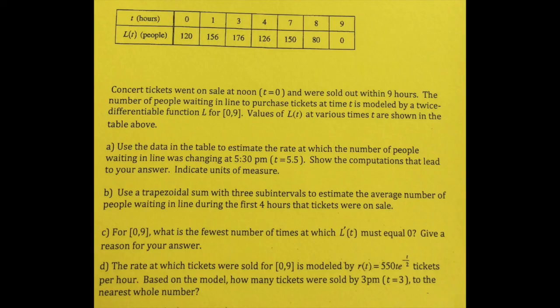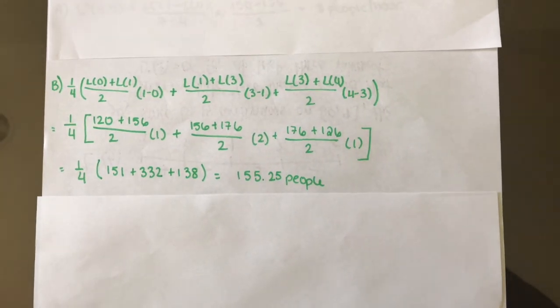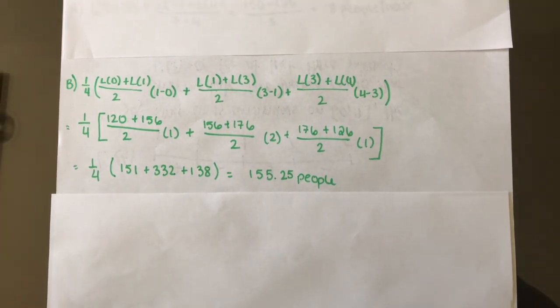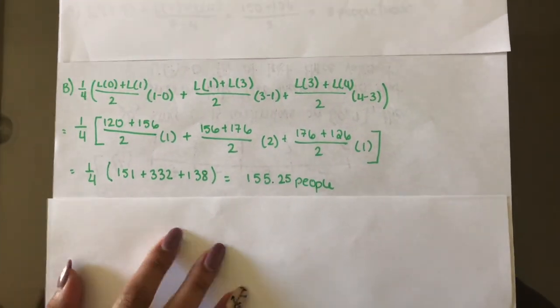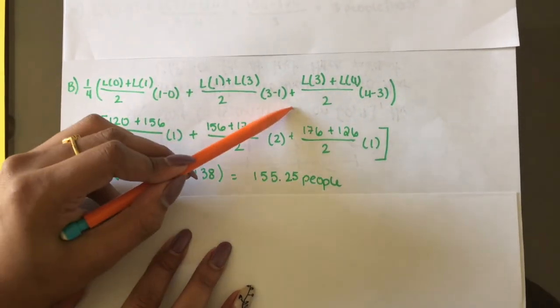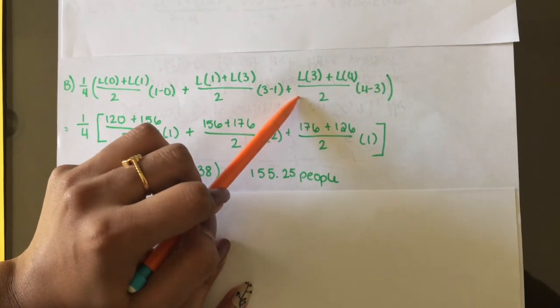Use a trapezoidal sum with 3 subintervals to estimate the average number of people waiting in line during the first 4 hours that tickets were on sale. Part B is telling us to use the trapezoidal sum with 3 subintervals. In this equation, you can see this one is the first subinterval, this one is the second subinterval, and this one is the third subinterval.